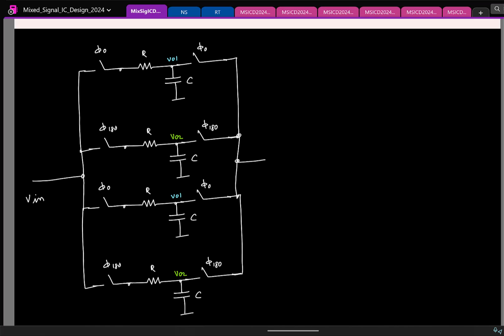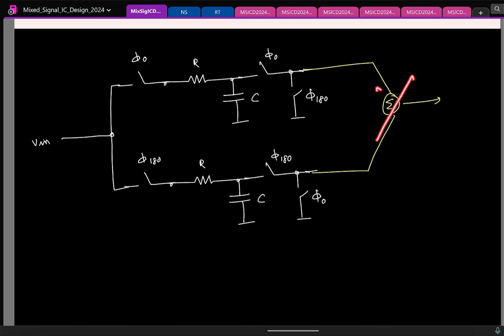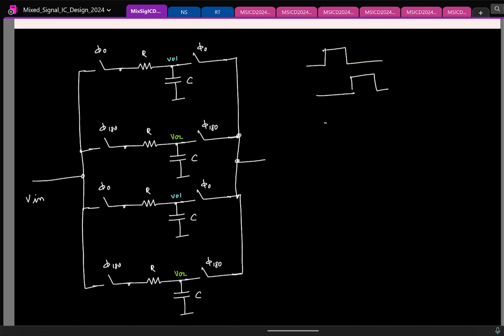Again the clock should be non-overlapping. That is the crucial thing. That is what makes eliminating the summer possible. We don't need to do the summing operation because at any given instant only one of the branches is non-zero. So if you have 4 parts, I should have something like this. I already have 0, 180. I'll add 90 and 270.